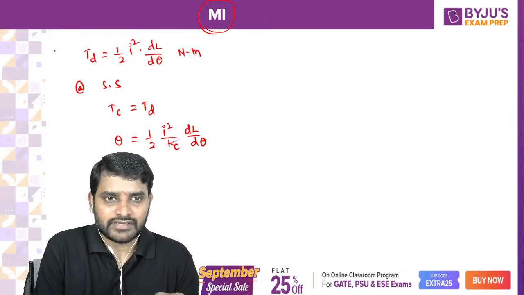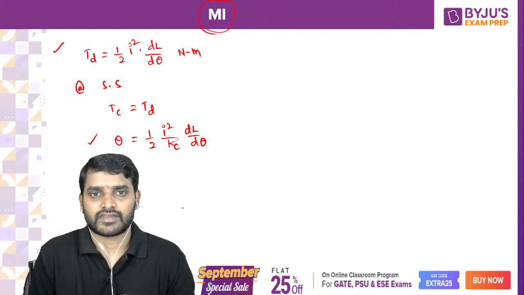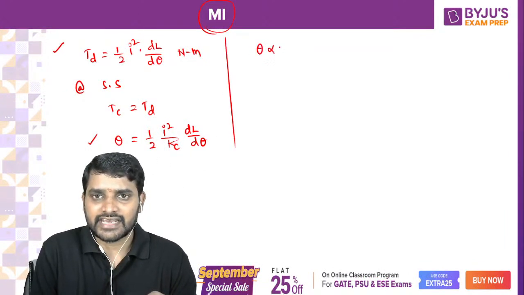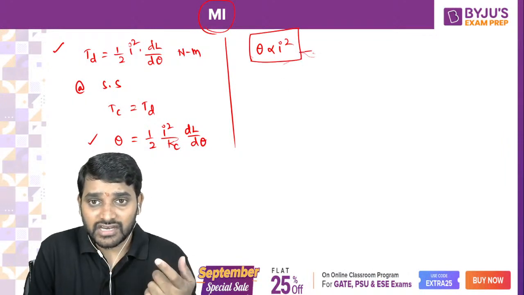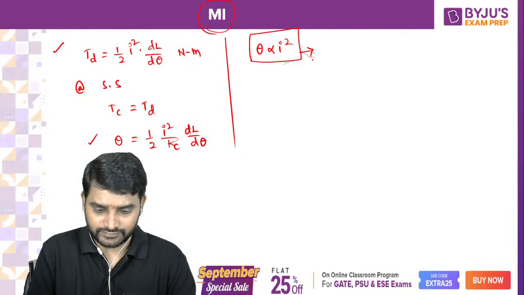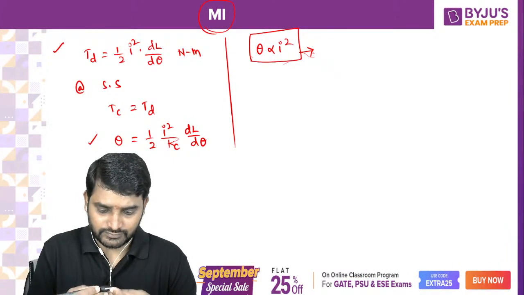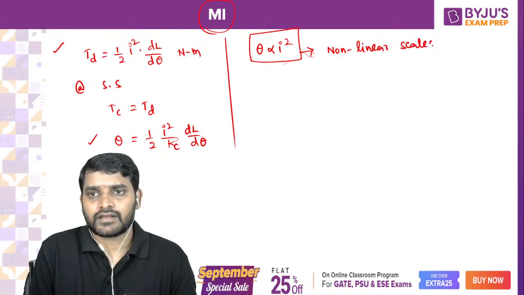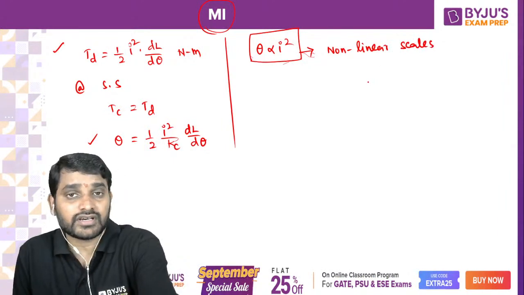So please remember these formulas. From this, theta is directly proportional to square of the current, so here you can write non-linear scales, also called cramped scales or non-uniform scales.